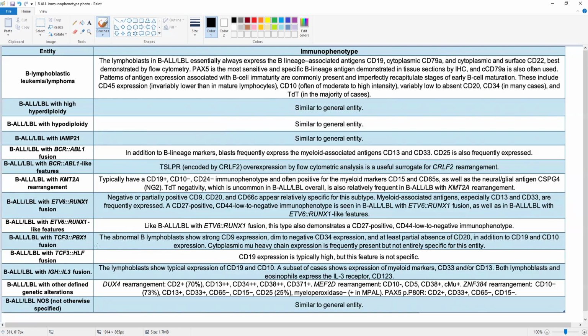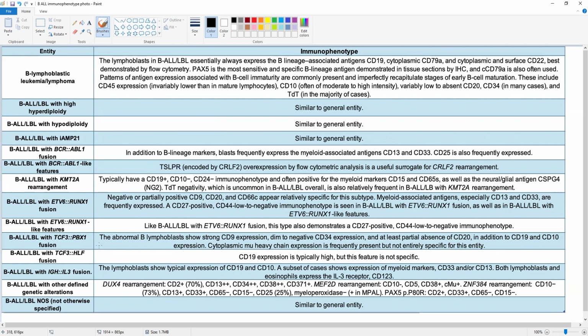As for B-lymphoblastic leukemia lymphoma with TCF3 PBX1 fusion, the abnormal B lymphoid blasts show strong CD9 expression, dim to negative CD34 expression, and at least partial absence of CD20 in addition to CD19 and CD10 expression.